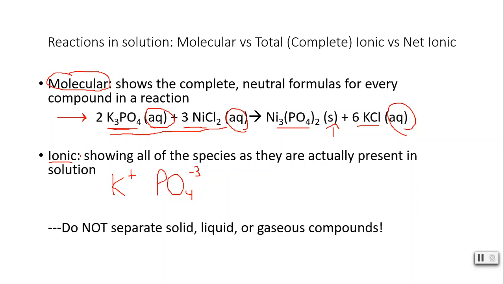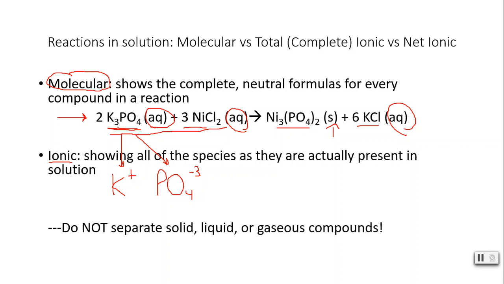So we said that in the ionic equation, everything that is aqueous gets split into its cations and anions. So for potassium phosphate, I have potassium ions and I have phosphate anions, okay? How many potassium ions do I have swimming around, though, from this potassium phosphate?